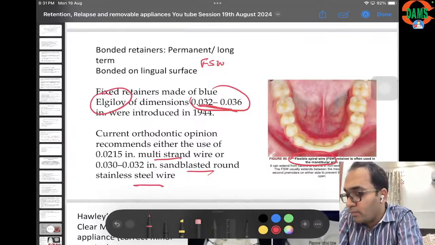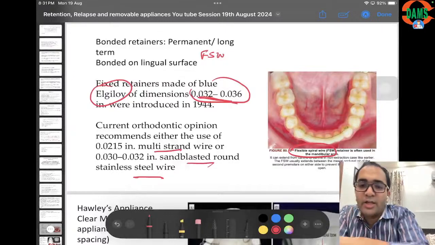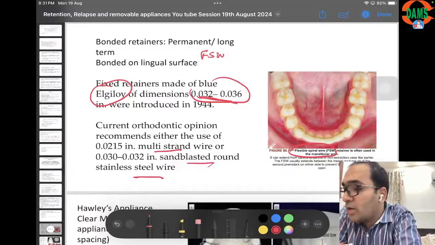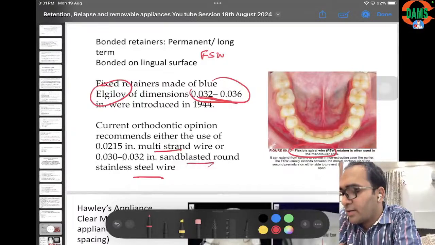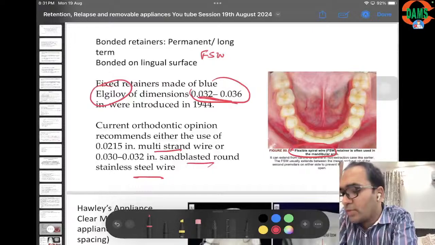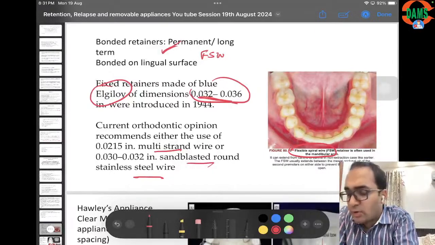Now in the exam, a commonly asked question is they can give you this image, or they can give you an image of a midline diastema case, and ask what kind of retention you will plan once this midline diastema gets closed. In the options there can be a bonded retainer. So from here you know that a bonded retainer is a permanent retainer and it's for long term use.